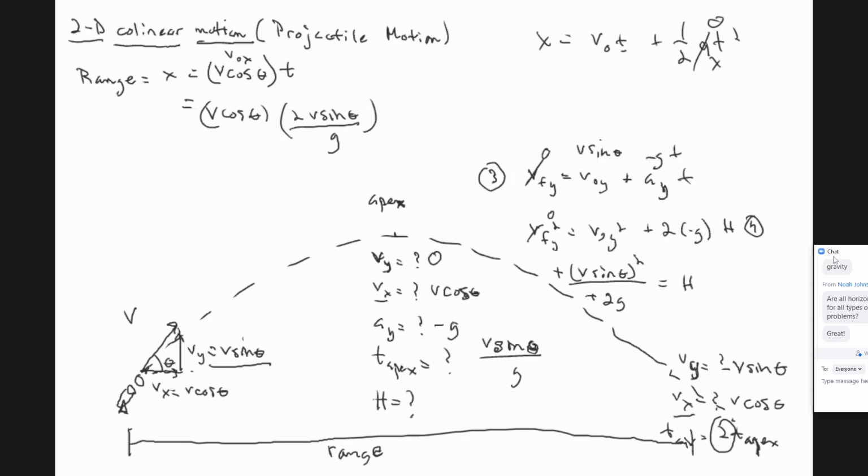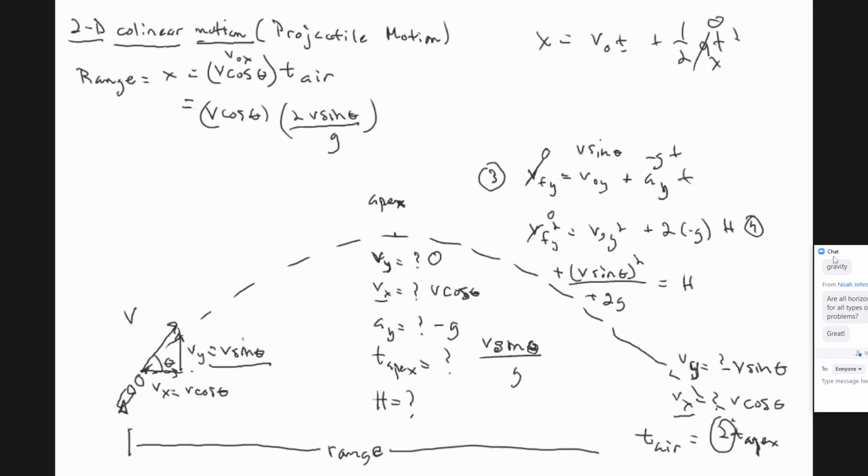Sorry, it's air. It's time in the air. I had to write it small here. T air is equal to 2t apex. So that's our range, which is horizontal distance that we have covered.